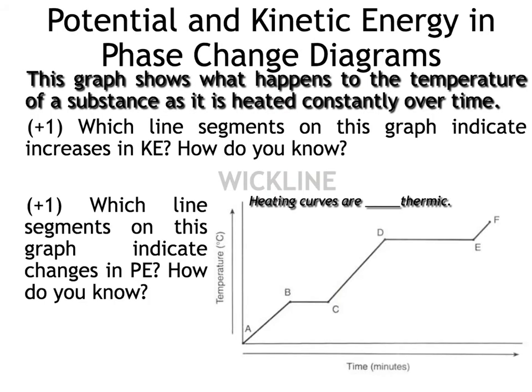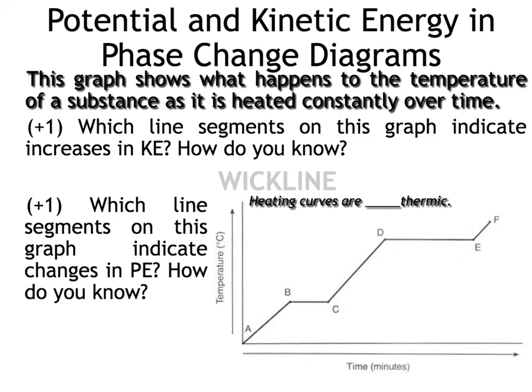So, in this particular slide, we're going to take a look at a more Regents style heating curve, but we're going to talk about potential and kinetic energy changes. So the graph shows what happens to temperature of a substance as it's heated constantly over time, so the amount of heat that it's absorbing is very constant. The line segments on the graph that indicate increases in kinetic energy are this one, and this one.